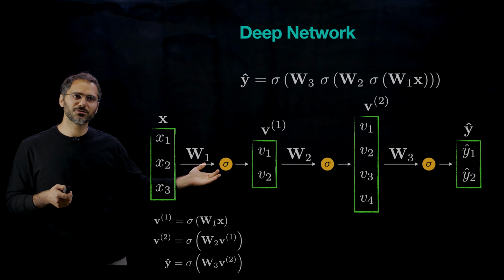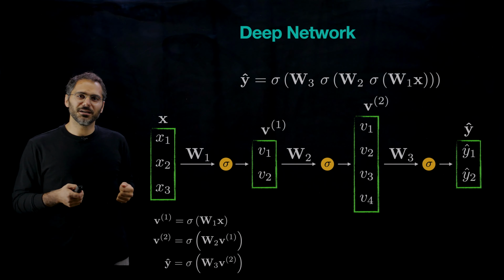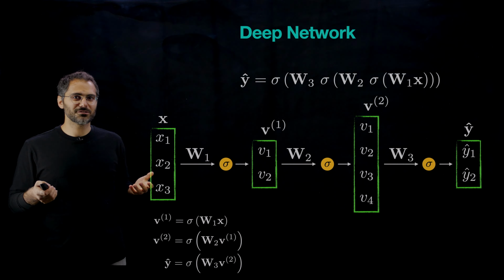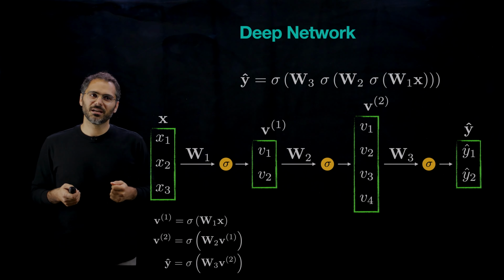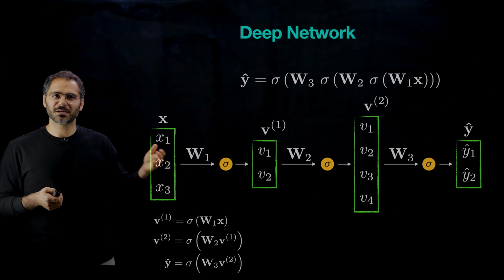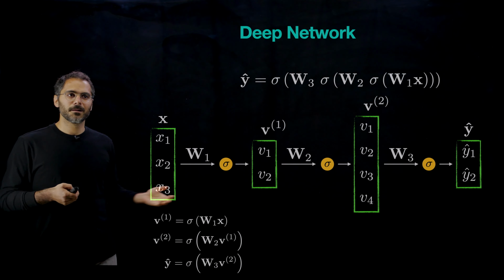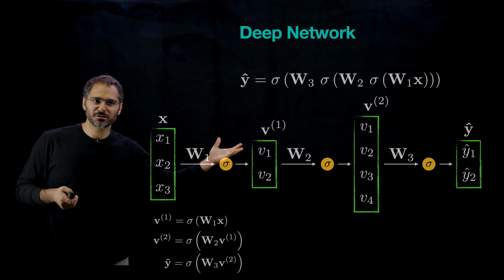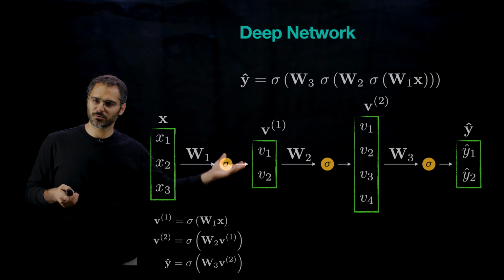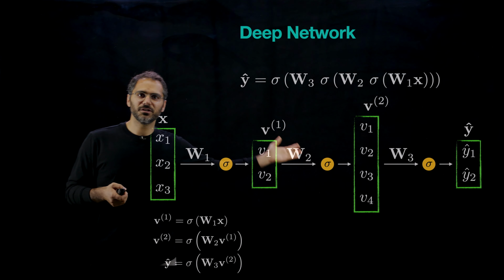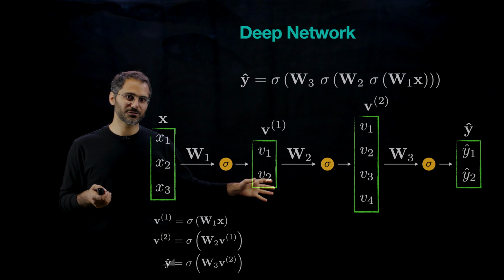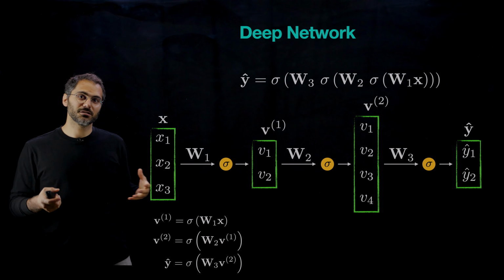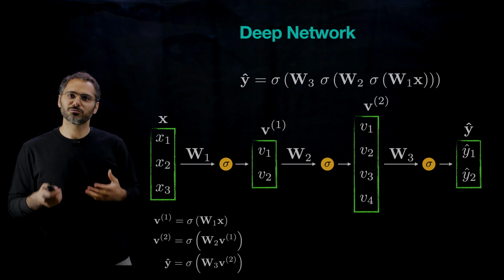And you can imagine that you can concatenate as many hidden layers as you want. In fact, real-world deep networks have hundreds of hidden layers. The choice of the dimension of these hidden layers, for example v1 is a two-dimensional vector and v2 is a four-dimensional vector, is really sometimes something that you have to try out.